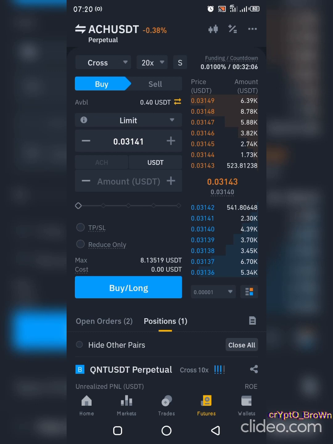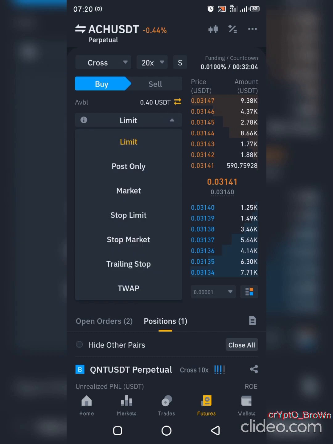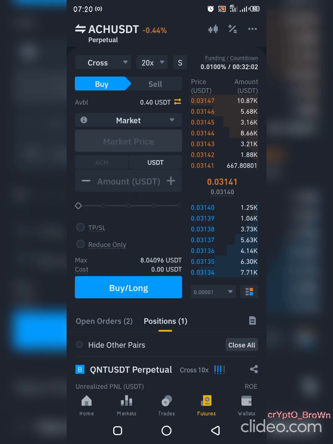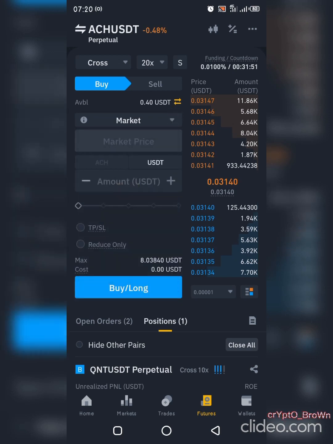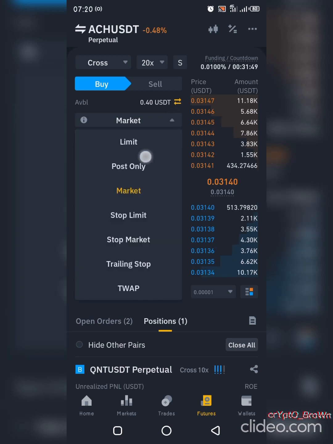But when you use a market order, it means that you are entering the market at the current price. So that's how the market and the limit order work. We'll explain the other ones later.